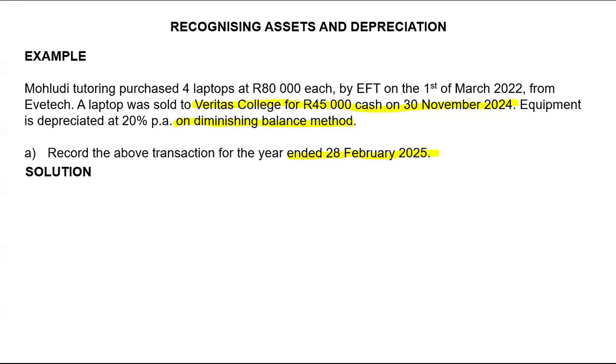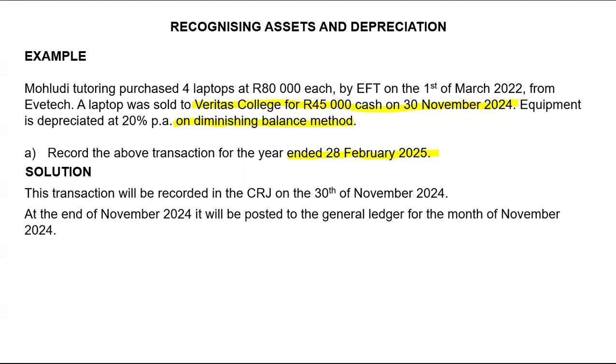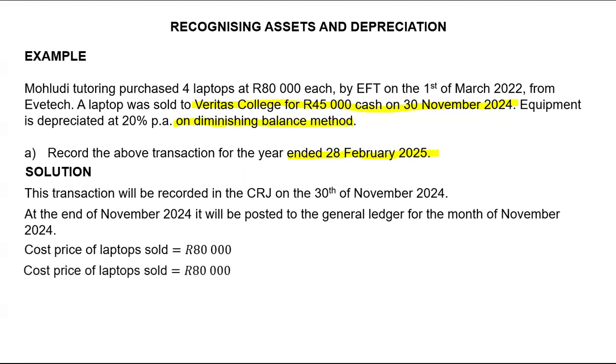So on the 30th of November, this will be recorded in the CRJ, cash receipts journal. At the end of November, it will be posted to the general ledger for the month of November. The cost price of the laptop sold is 80,000 Rand.